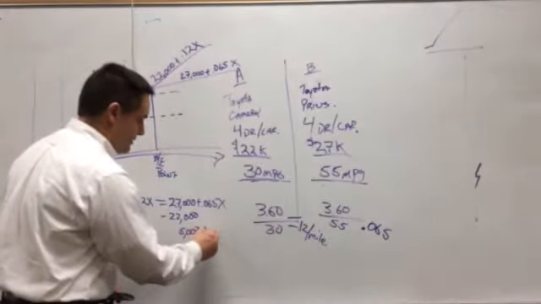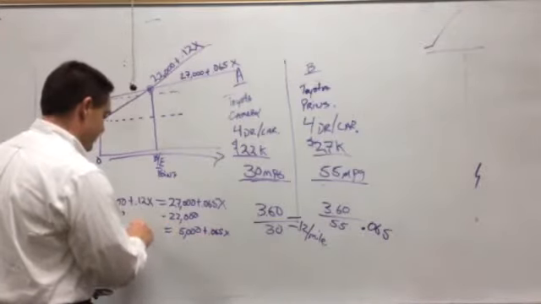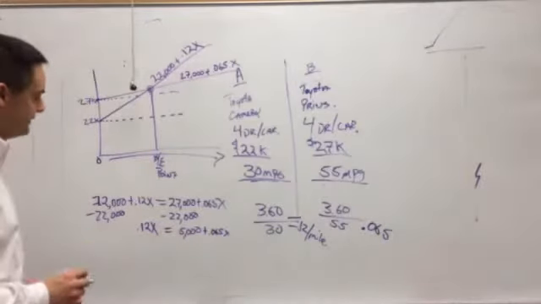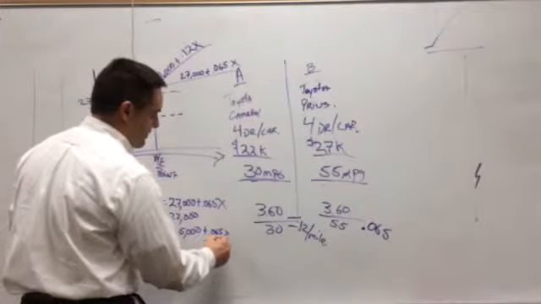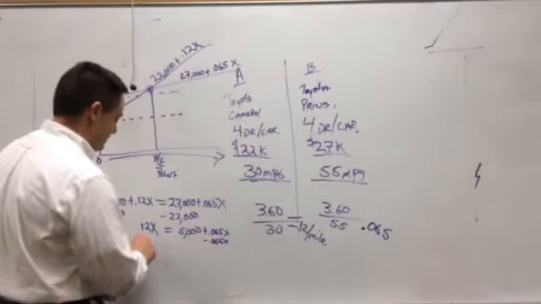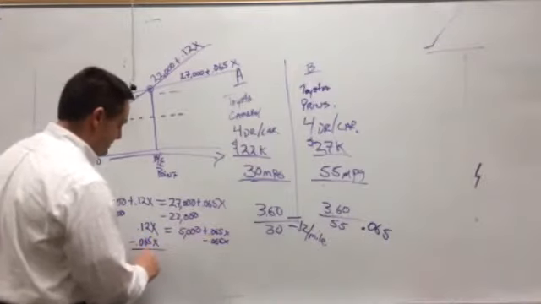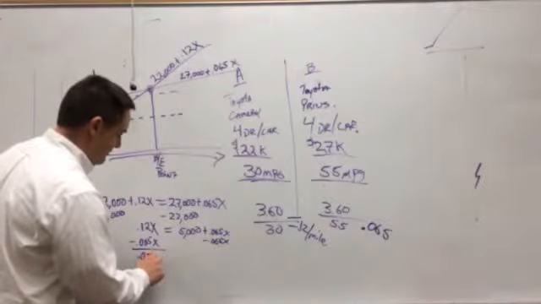5,000 plus 0.065x, and that is equal to 12 cents x. And then if we subtract out 0.065x on this side, and we subtract out 0.065x on that side, then this becomes 0.055x.